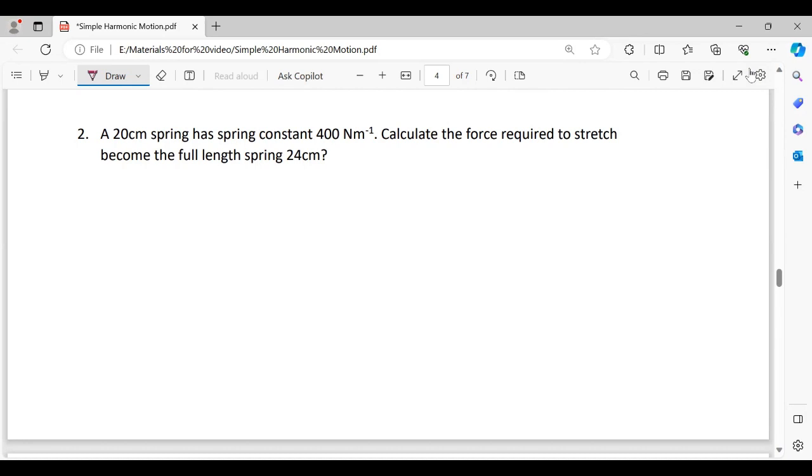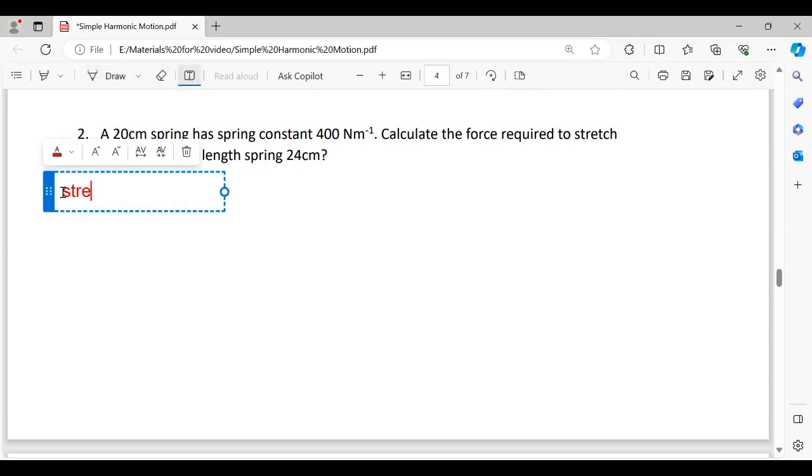So for stretching, 24 centimeters minus 20, the stretching was 4 centimeters. 4 centimeters converted into meters equals 0.04 meters.